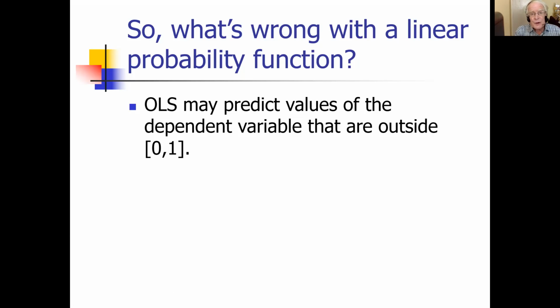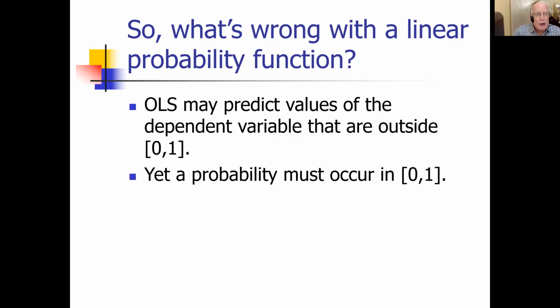In ordinary least squares, the dependent variable in the classical case may vary from negative infinity to positive infinity. It can take on any value.